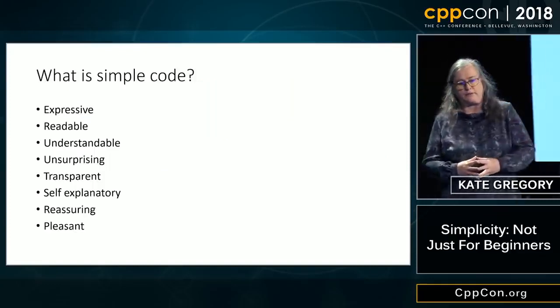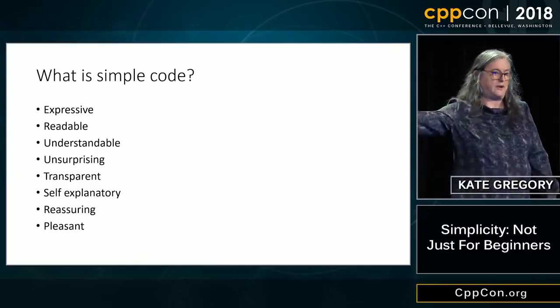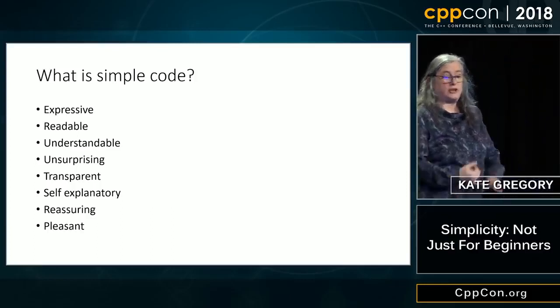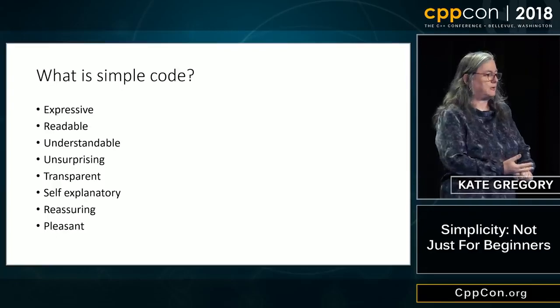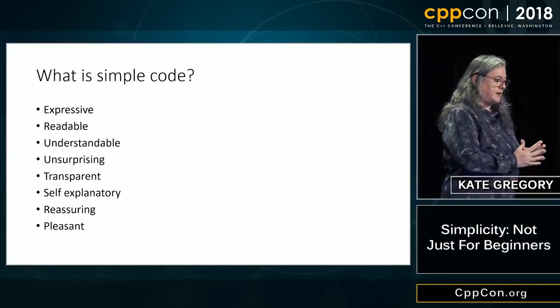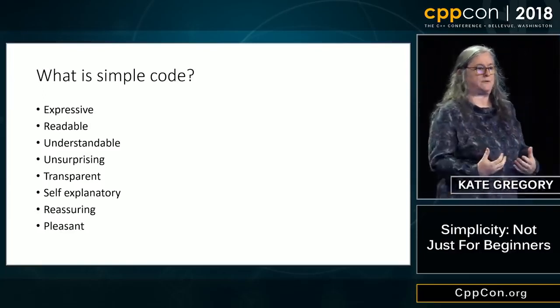So what I want to advocate for today is simple code as defined by this list of adjectives. Not short code, not using small words code, right? Not cryptic code. What I call simple code is code that explains itself.